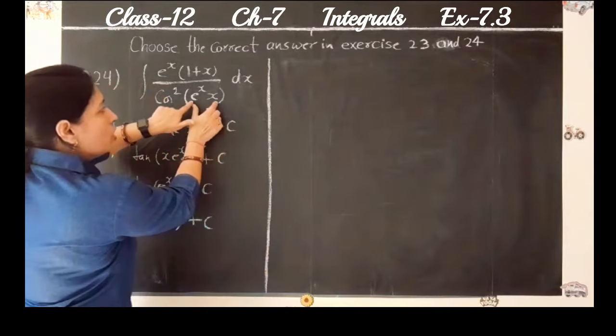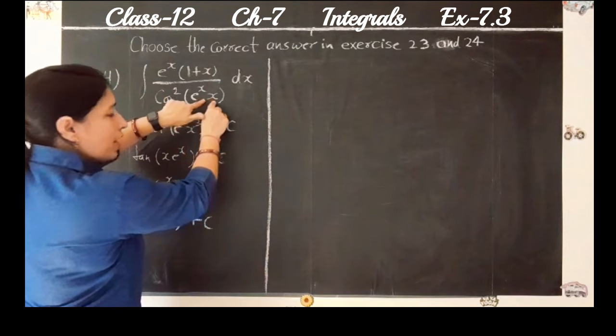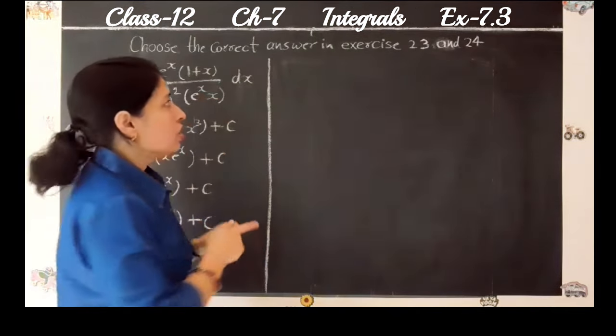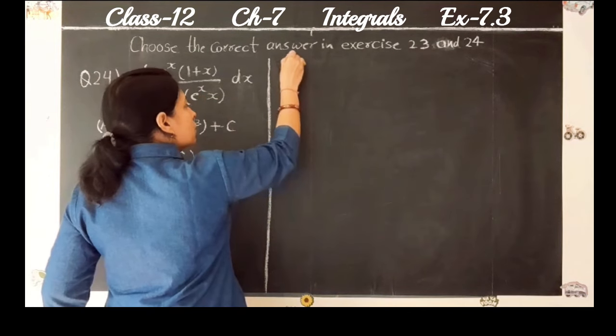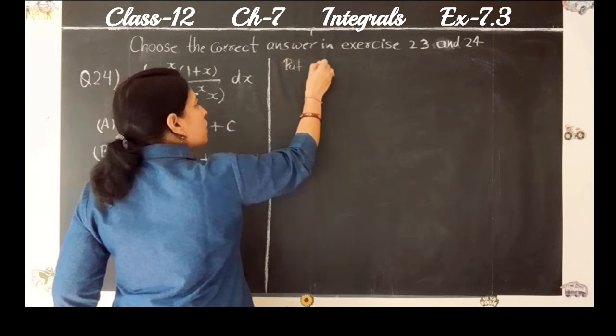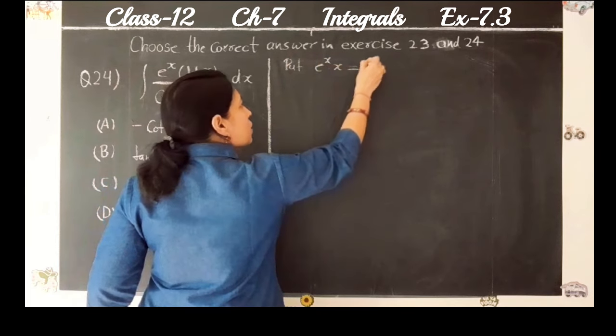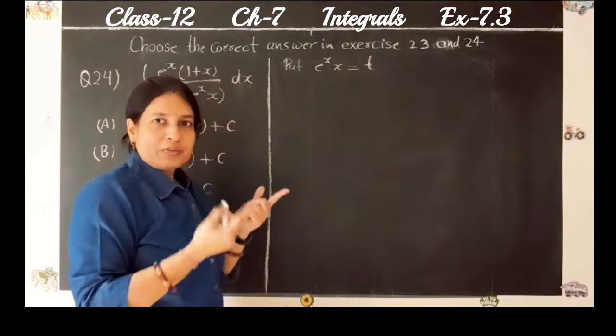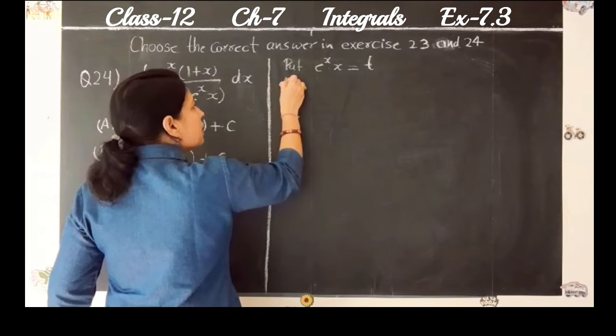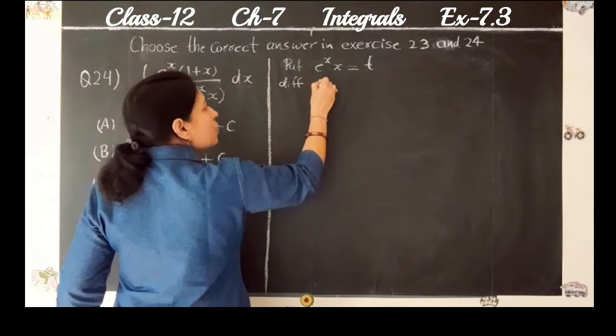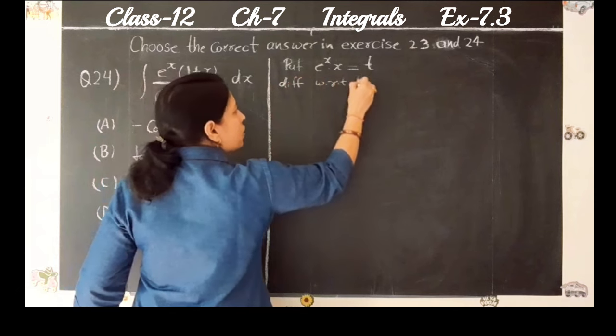So we have to put e to the power x into x is equal to t. So let us put here e to the power x into x is equal to t. Now differentiate both sides.